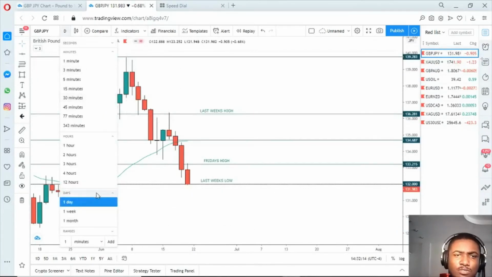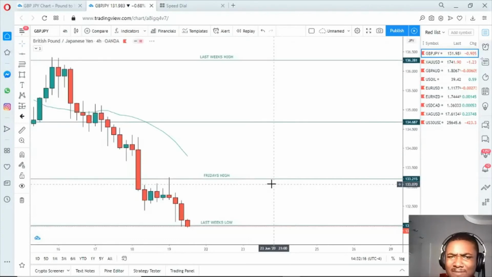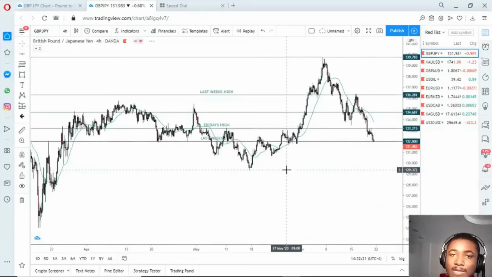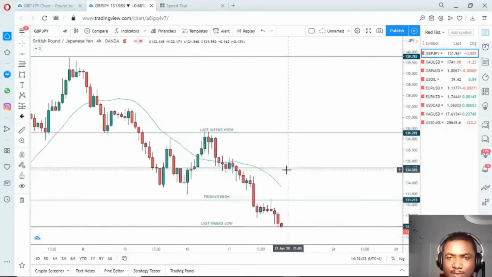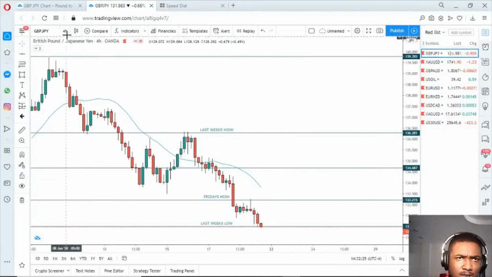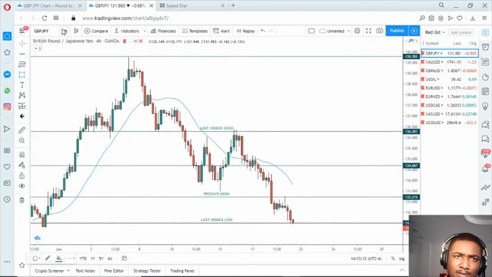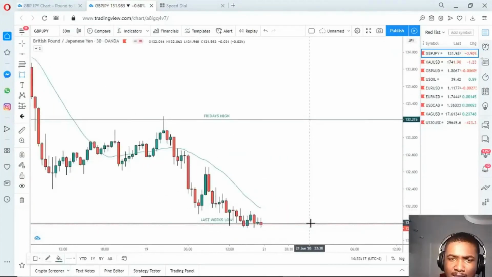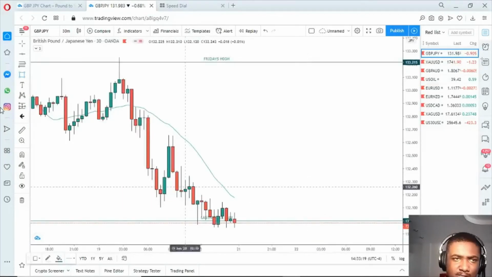What I like to do is drop down to the lower time frame and see if there are any other zones that I think we may have missed. Looking at the higher time frame, everything seems to be looking good. I'd drop down to the 30-minute time frame and establish the most recent support and resistance zones.